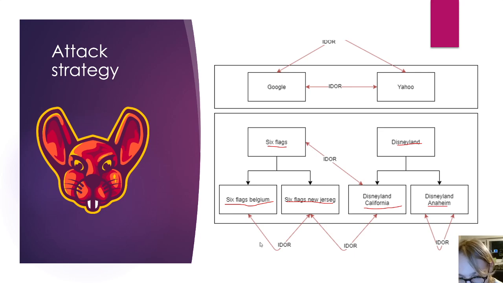You have your IDORs between these sub-accounts, you have your IDORs between these accounts, and then you also have your IDORs between the main account and one of the sub-accounts. And one could also argue that you should test for IDORs between two main accounts. It depends if you can create users on those main accounts or not. Of course, if you cannot create users here, this and this will be obsolete.